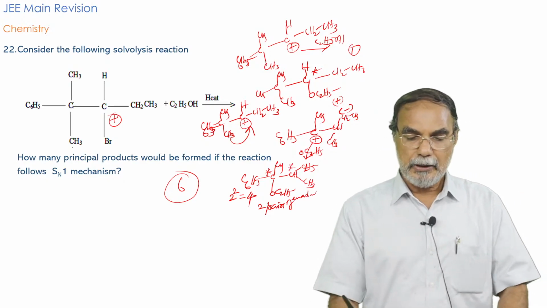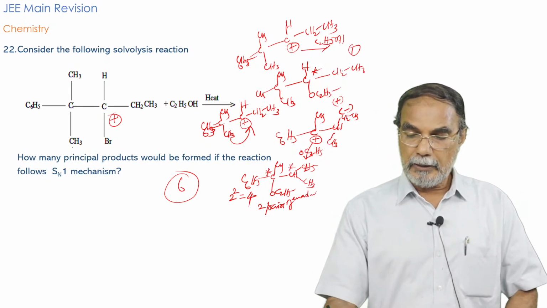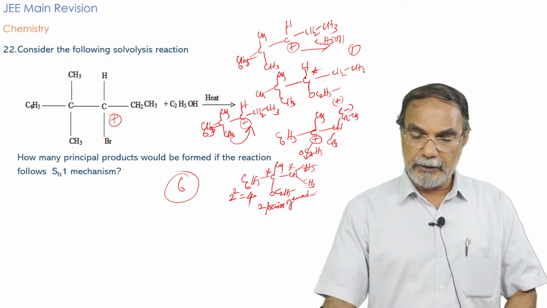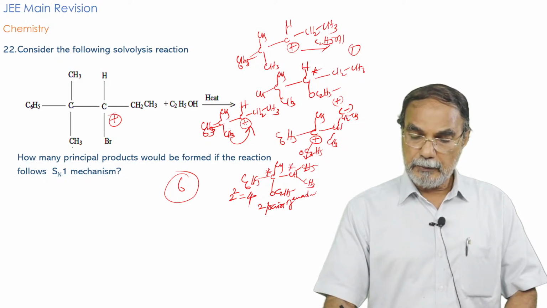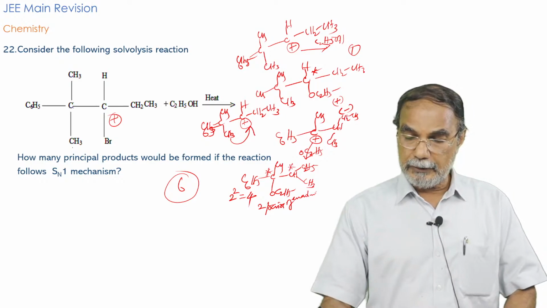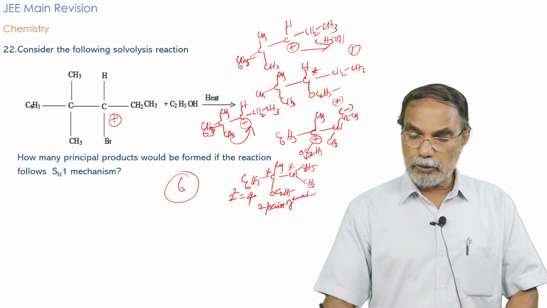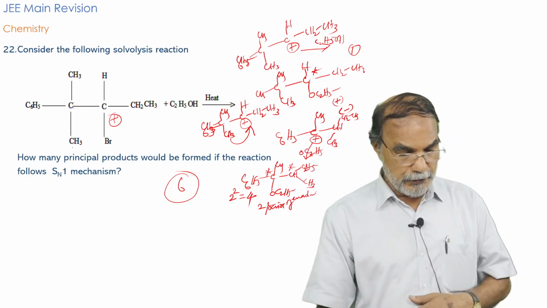So that's a very important question. From this you have one substitution product here, but this is chiral, and therefore you have dextro and levo. And if the carbocation undergoes the rearrangement, then substitution by OC2H5 will give a product in which there are 2 chiral carbon atoms, and therefore you get 2 pairs of enantiomers.